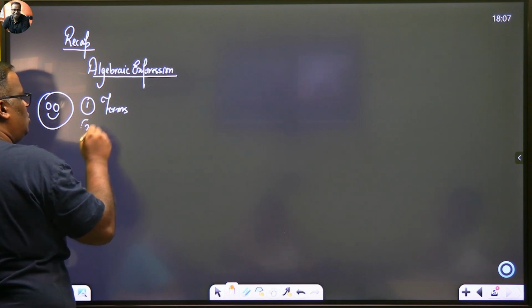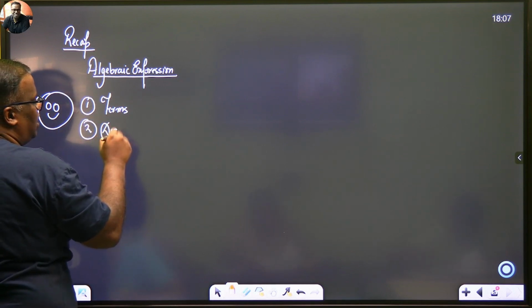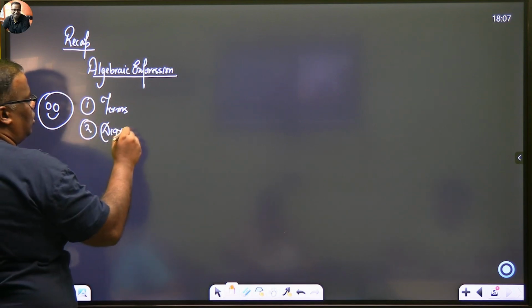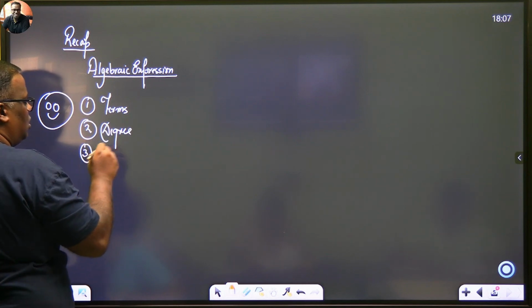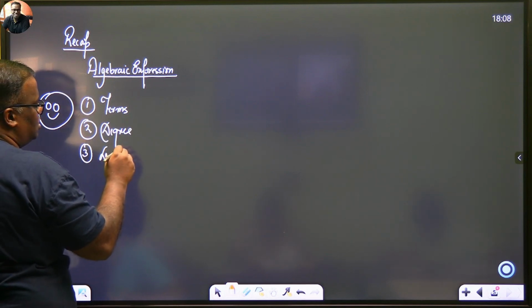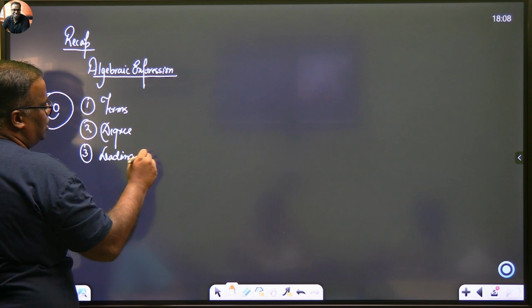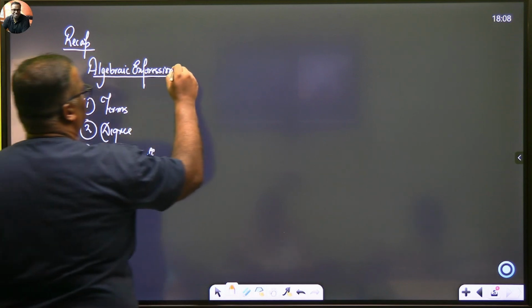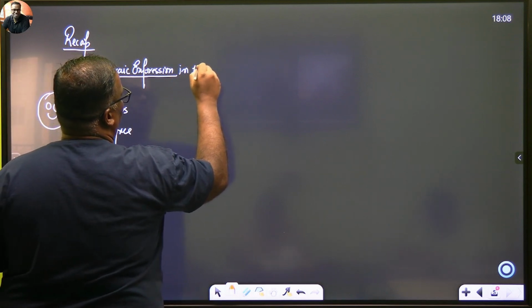If you have any issues, ask me. I'm just writing a question. Do I understand the meaning of the word degree? Do I understand what the leading coefficient is? An algebraic expression in one variable.